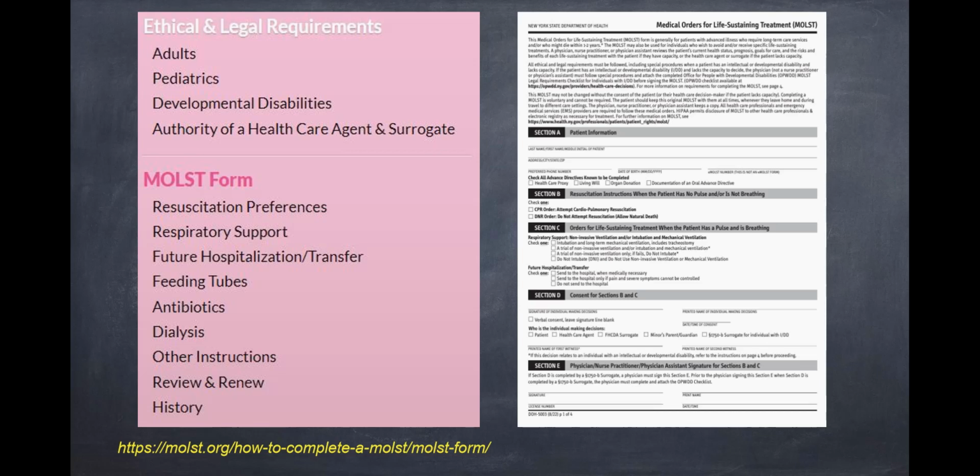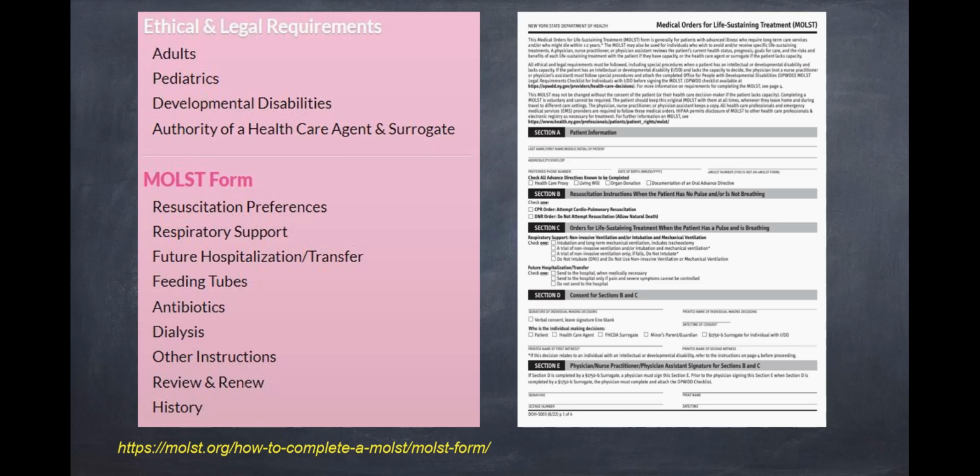In New York, a minor is allowed to make decisions or consents if they are married. They can also make their own decision if they're living on their own, independent, and they can prove it.